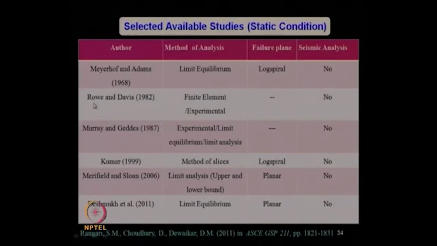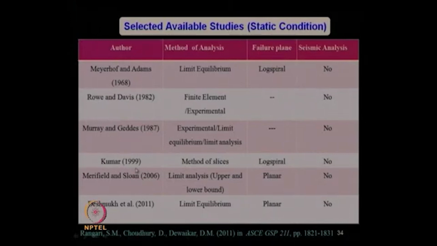Another classical work was done by Professor Roy and Professor Davis in 1982 using finite element as well as experimental values. Then Murray and Geddes in 1987 also obtained experimental results, and they used the limit equilibrium method as well as the limit analysis method.